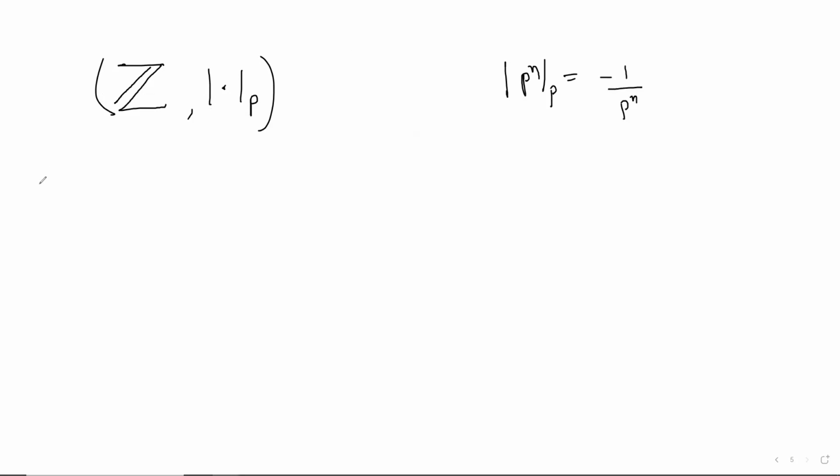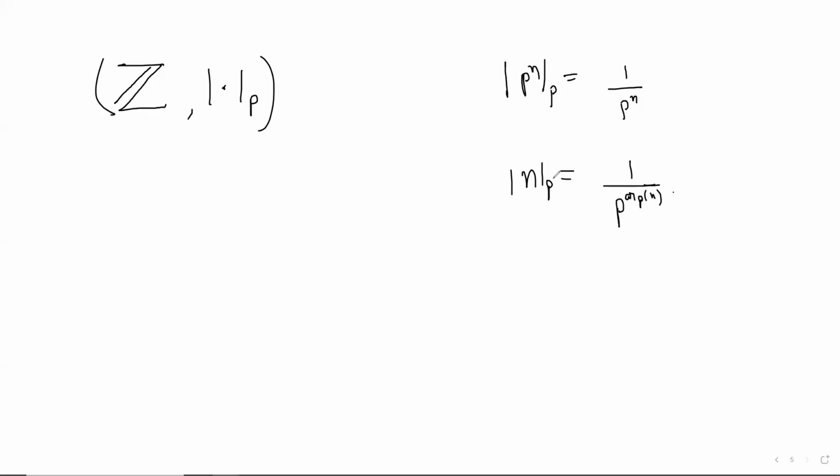Sorry, there is no minus. In general, I'm putting a norm, and this norm of n will be 1 by p to the power of the order of p in n.